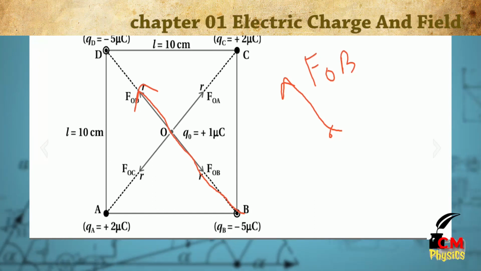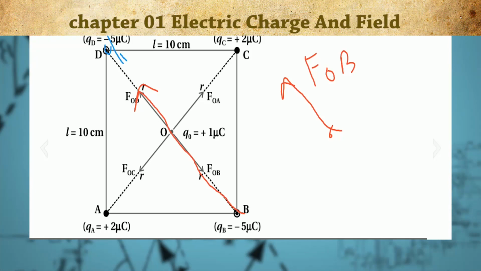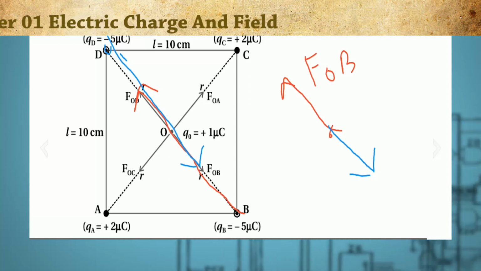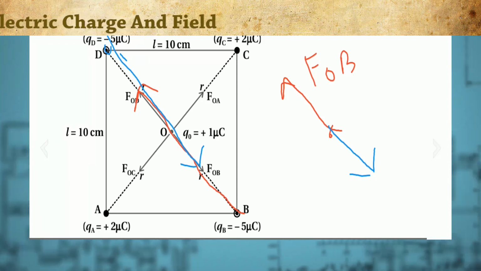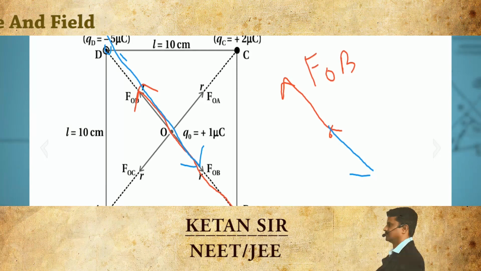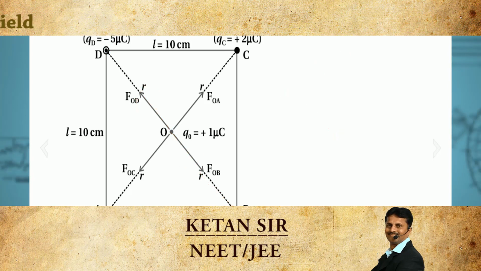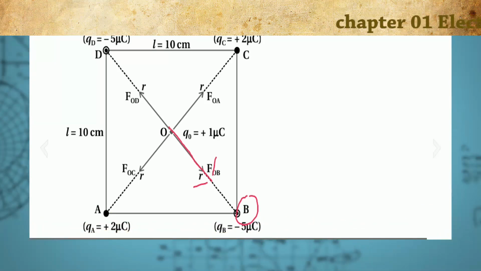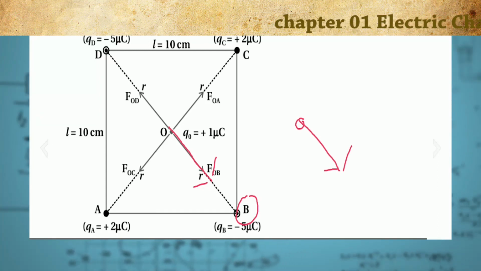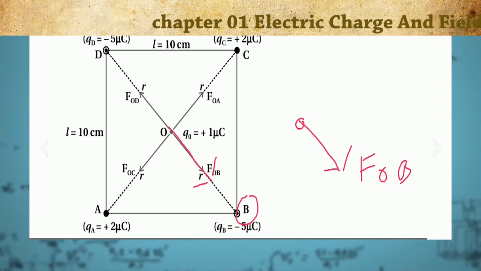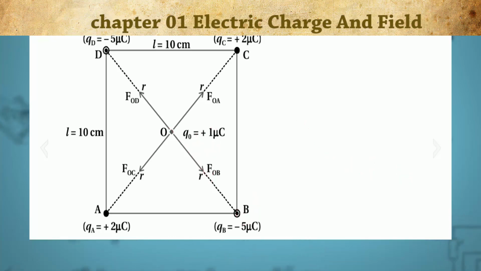Similarly, the force due to D at O is in this direction. Sorry, here the charges are negative and positive. Just a correction here. The force on O due to B is in this direction, because this one is positive and this one is negative.